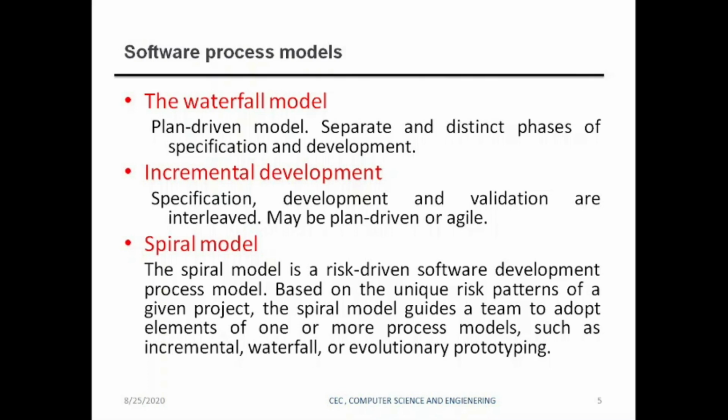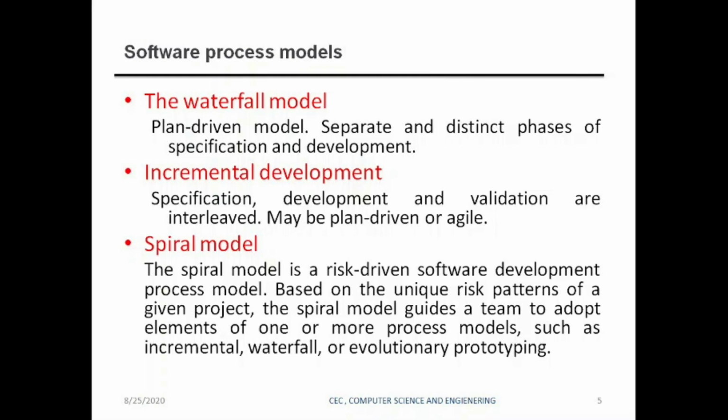So here waterfall model, incremental development and spiral model are there. The waterfall model is nothing but a plan-driven model, which I explained in the previous slide. When no changes are required by the customer, the waterfall model is applied.